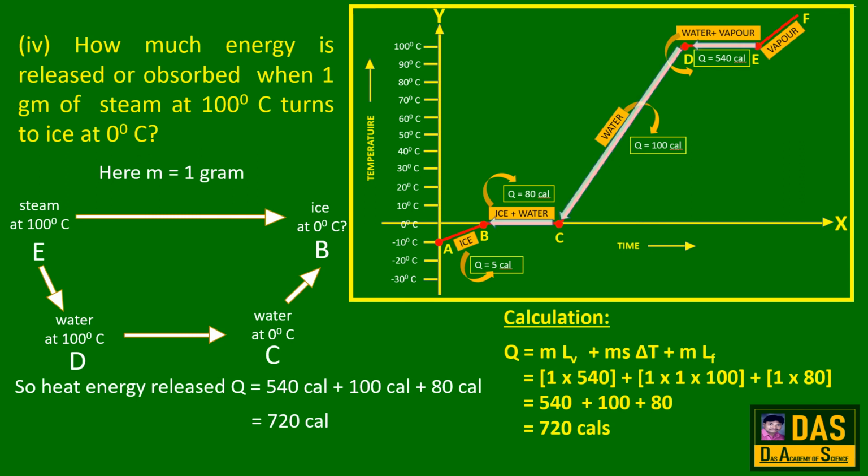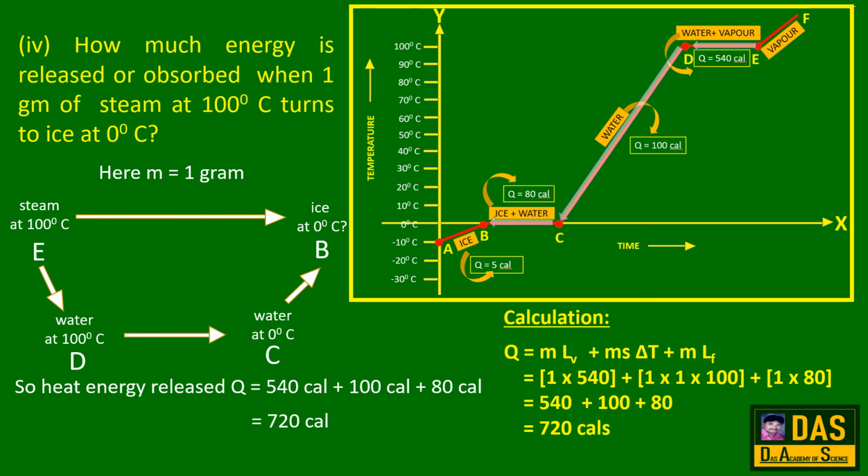So by substituting suitable values, M is 1 gram, LV, that is latent heat of vaporization, is 540 calories per gram, S of water, that is specific heat of water, 1 calorie per gram degree Celsius, and delta T, that is change in temperature, that is 100 degrees Celsius, and LF, latent heat of fusion, that is 80 calories per gram.